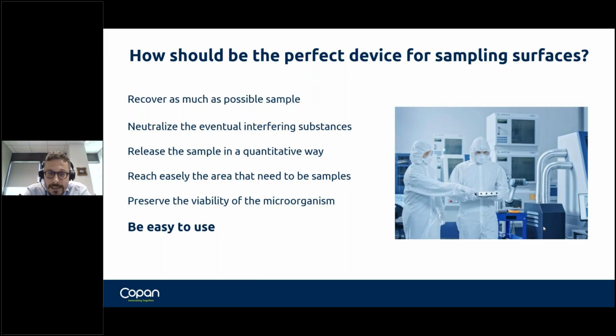So the easier the sampling device is to use, the better the process, and the lower the risk of spillage of liquid, for example, or of jeopardizing the sample collection itself.